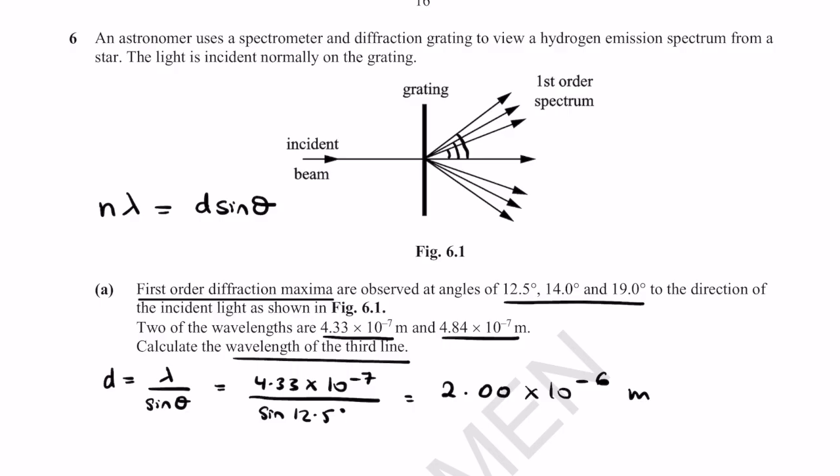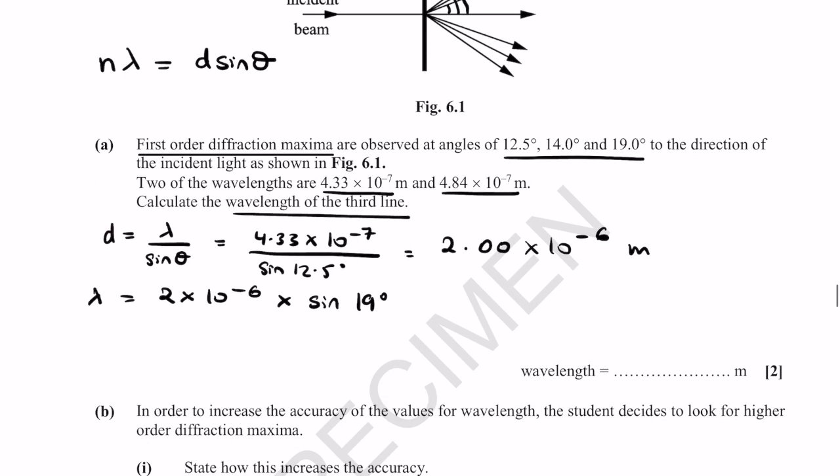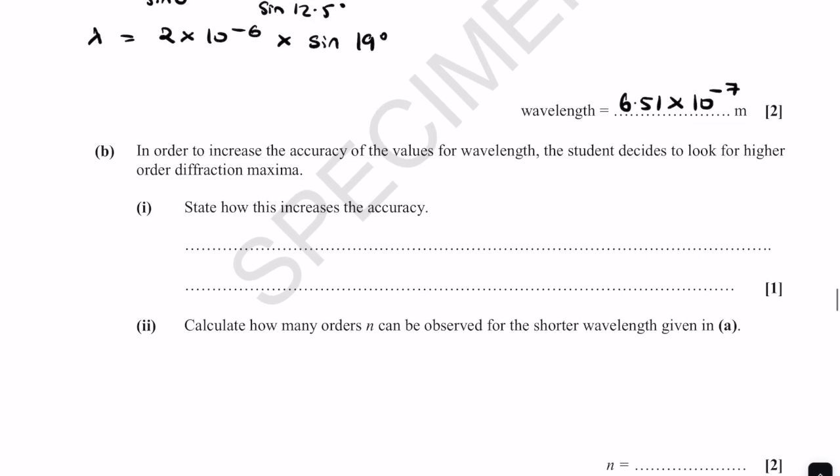Then we can work out the new wavelength, lambda, with this value of d and this new value of theta, which is 19 degrees. That's really simple, and it gives you a wavelength of 6.51 times 10 to the minus 7 meters.